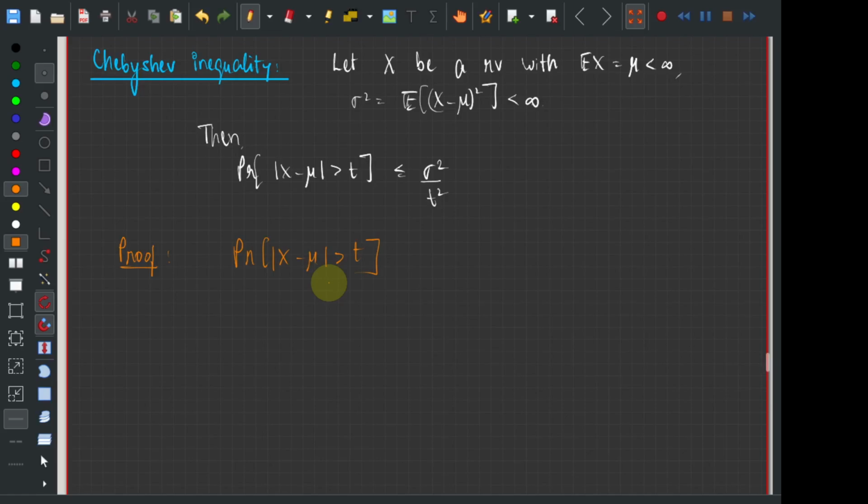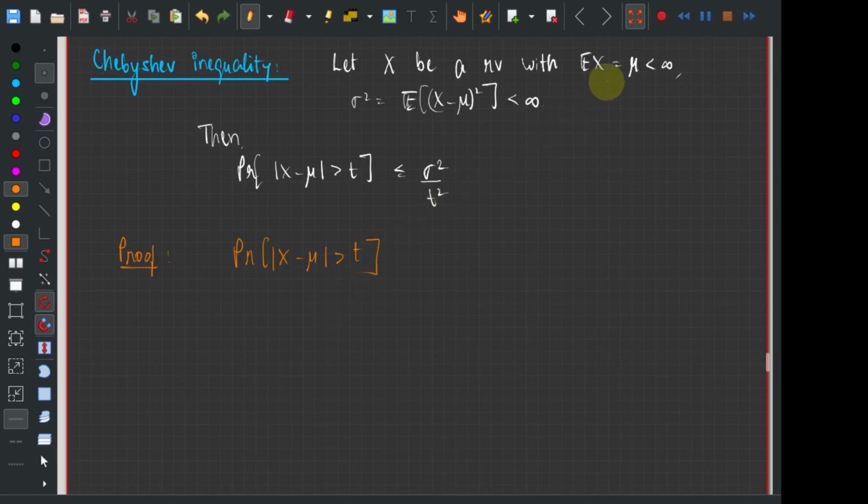What can I say about mod x minus mu? It's a non-negative random variable, always greater than or equal to 0. Can I directly apply Markov's inequality here? In principle I could, but then I need the expectation of mod x minus mu, which I don't know right away. I'm not given that information.